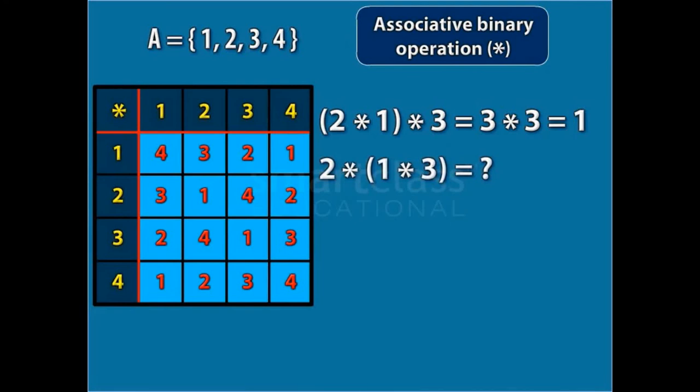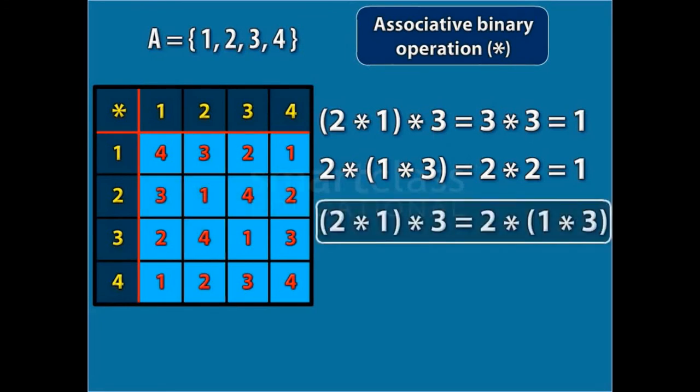Since 1 and 3 lie within parentheses, first find 1 star 3, which is 2. Next, find 2 star 2, which is 1. So we can see that the binary operation star is associative for 2, 1 and 3.